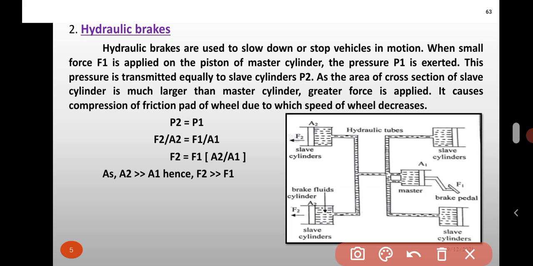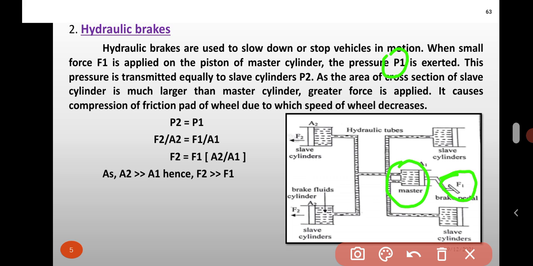Next, application of Pascal's law, hydraulic brakes. Hydraulic brakes are used to slow down or stop vehicles in motion. When a small force F1 is applied on the piston of a master cylinder, the pressure P1 is exerted.